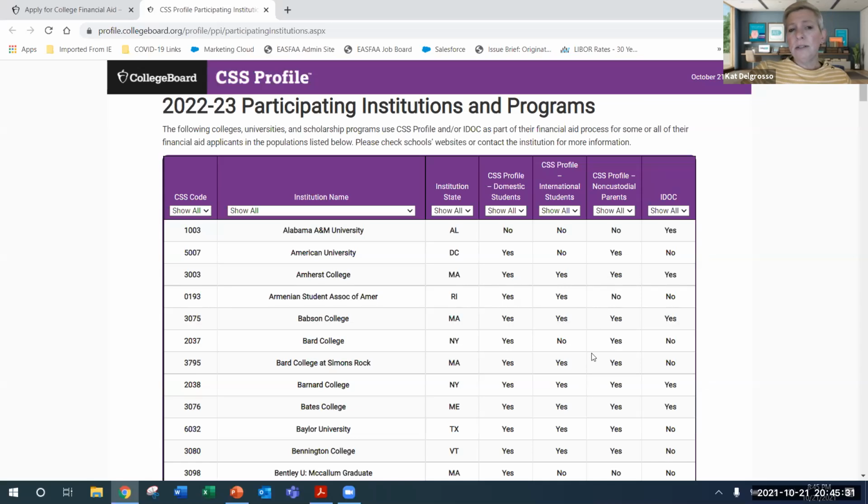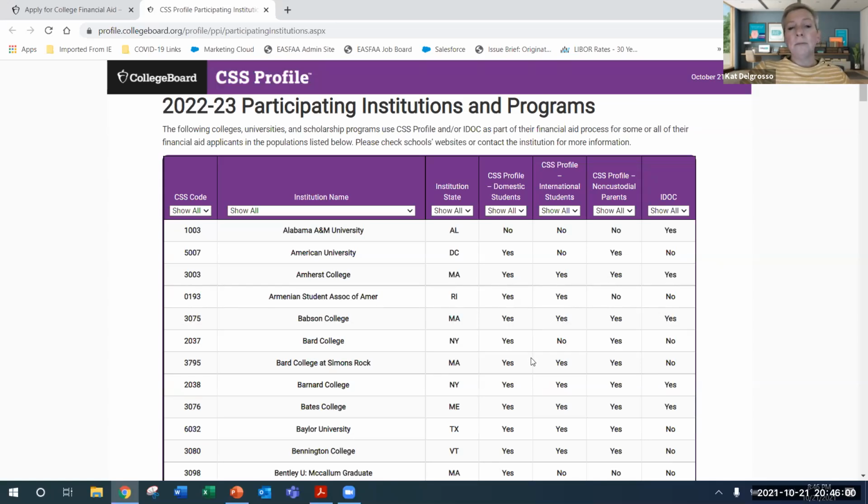But to be honest with you, I'd say probably 90%, 95% of the schools are listed here. So in general, this gives you a great guideline, but you always want to refer to the colleges and universities that you're interested in applying to, and make sure you're looking at their websites and the notifications that they have provided to you in terms of what they need.